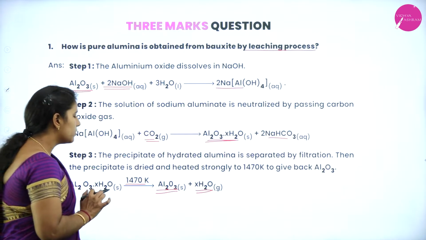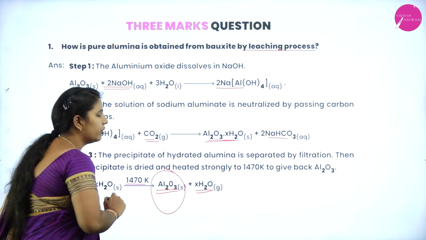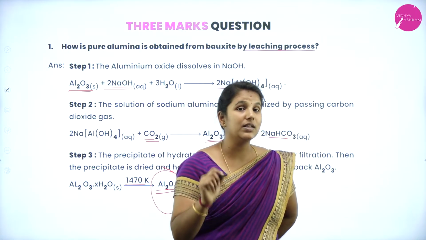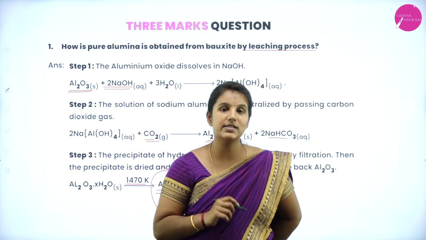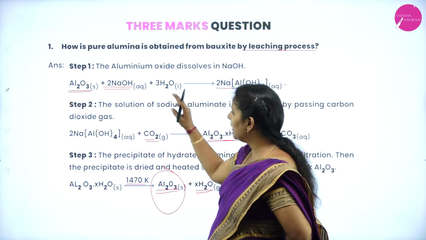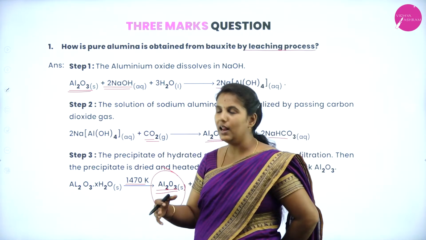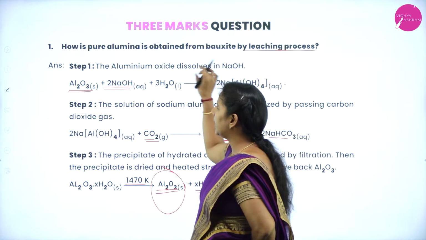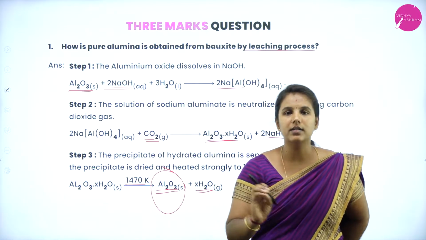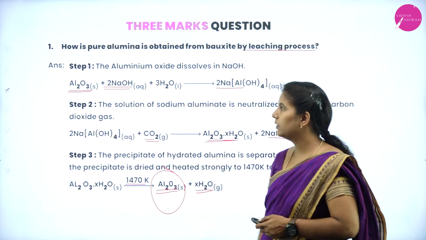So, this is a process for the preparation of alumina from the bauxite ore by treating with the suitable reagent. Hence, it is known as what? Leaching process. In the exam, write the balanced 3-step reaction, and with your own words you can name the steps or you can write it in sentences also.